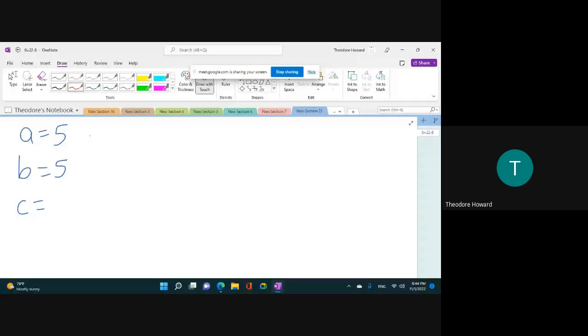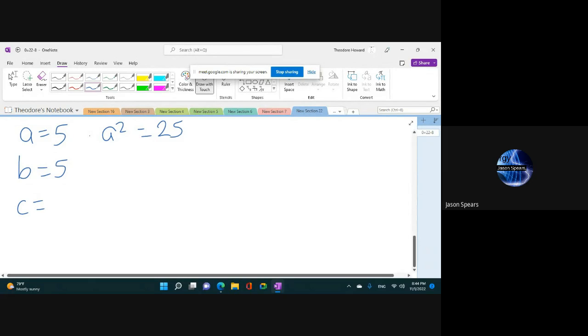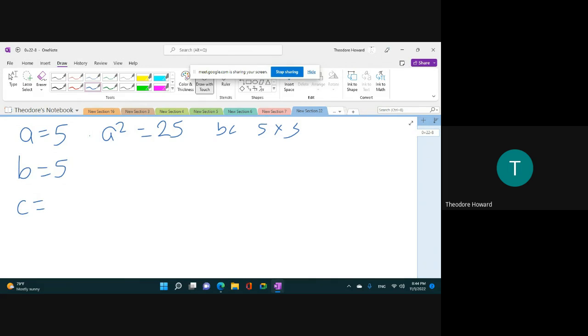All right, so what's A squared? 25. How do we know that A squared is 25? 5 times 5. Don't talk over me. If B is 5, what should B squared be? 25. Okay, what pattern do you notice about A and B?